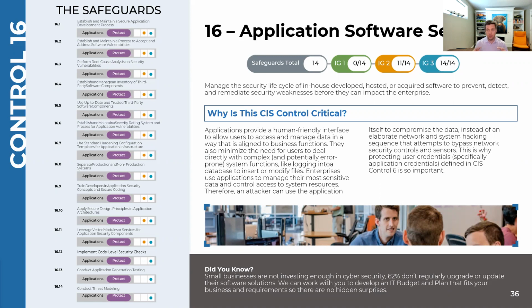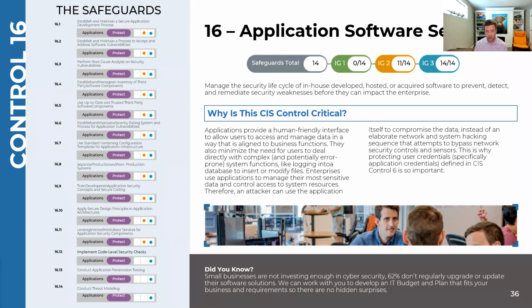And so the reason that these are mostly implementation group 2 and 3 is that the typical small medium business that doesn't have the tools available to them, like what a managed service provider has, quite frankly, cannot inventory, monitor, manage across all of their workstations. So that's what these are all about.